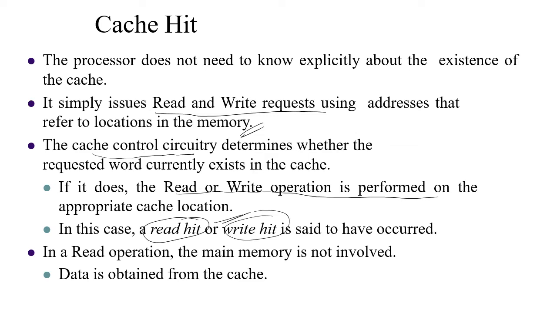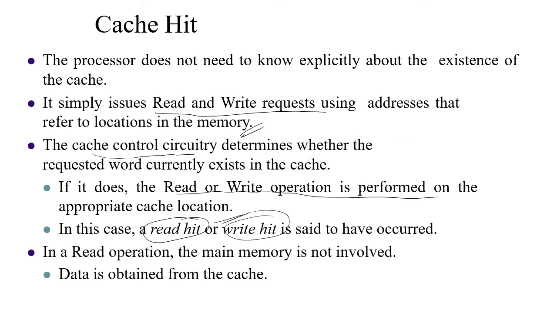So during the read operation, the main memory is not involved, since the cache control circuit determines that the set of data being accessed by the processor is present in the cache.